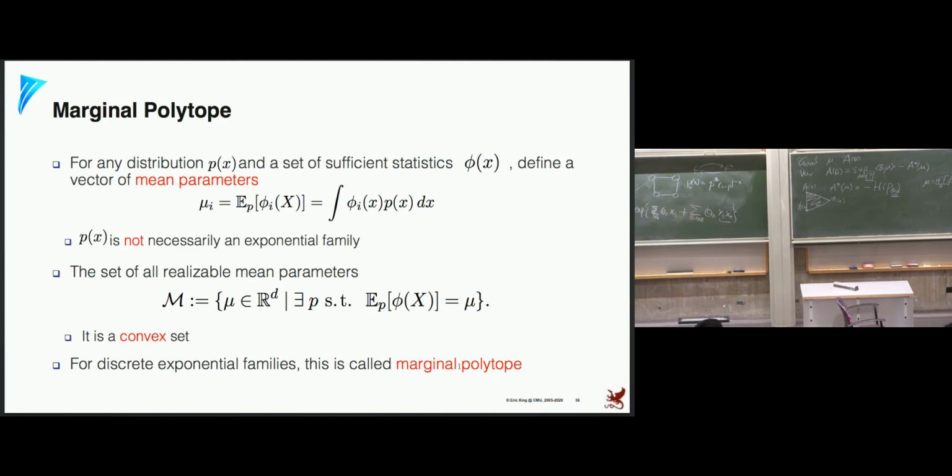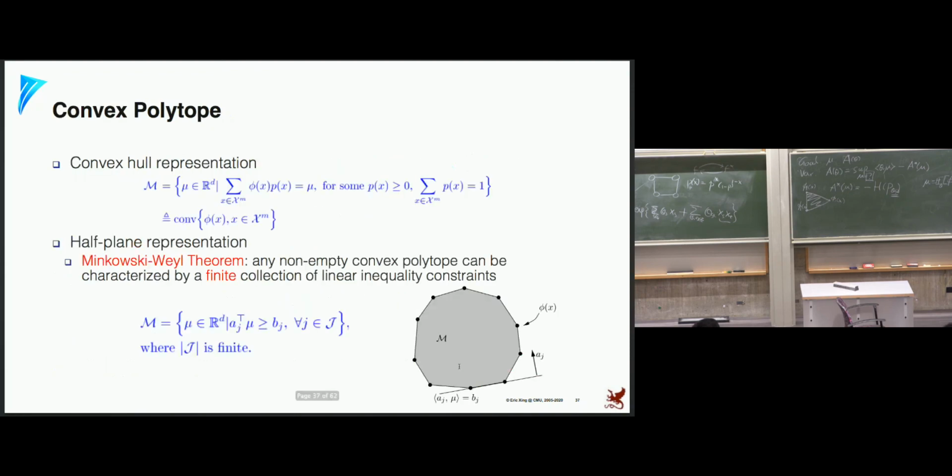So that's by definition a marginal polytope. It's a convex hull of the sufficient statistics, and we are treating these points as the extreme points, forming a convex polytope, a convex hull.